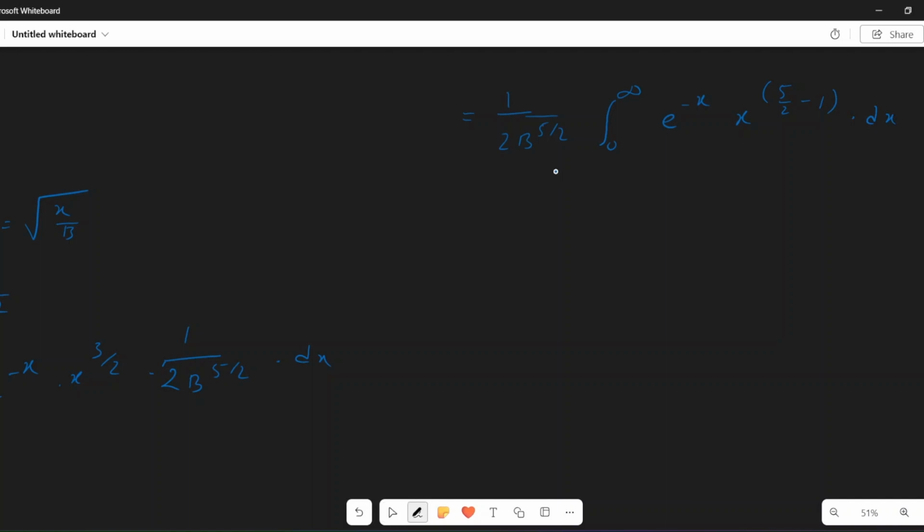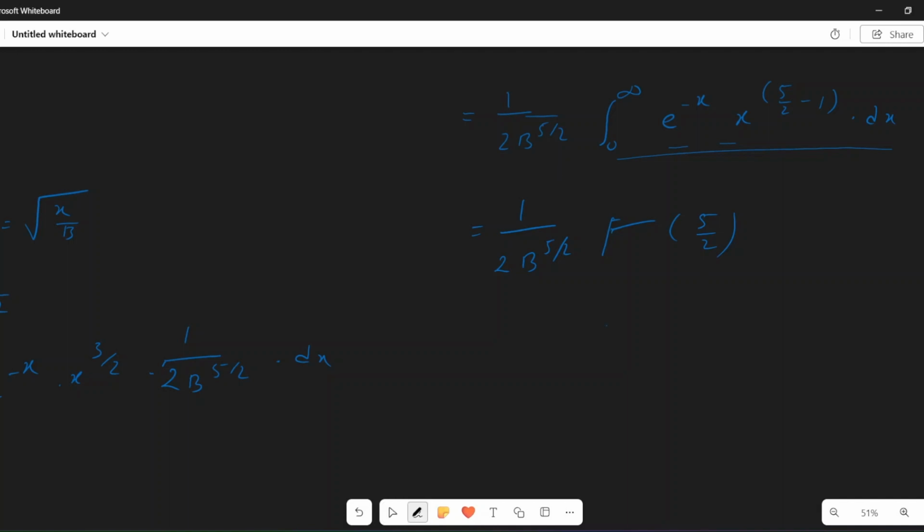This integration is the gamma function, and that can be written as gamma of 5 by 2.